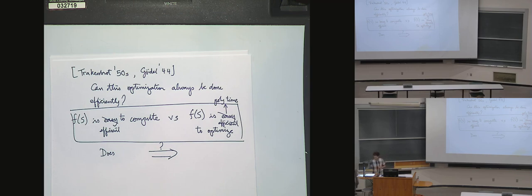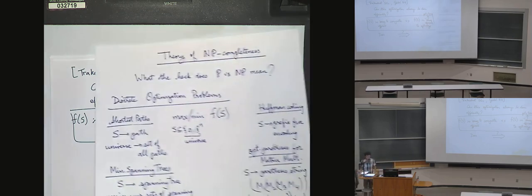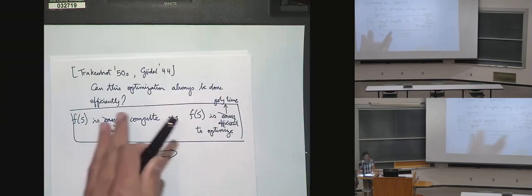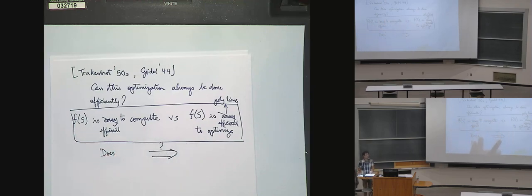Does it go the other way, where if f(s) is easy to optimize, then f(s) is efficient to compute? Usually if you're optimizing, then you can often compute it as well. But in all of our situations, you should really think of it as assuming that the problem has this feature, that it is efficient to compute, and we're asking, is it efficient to optimize?